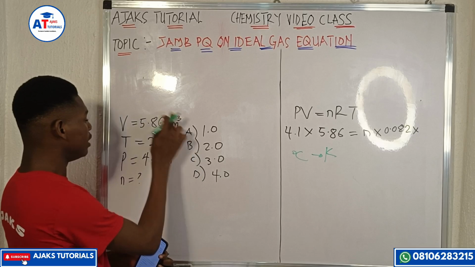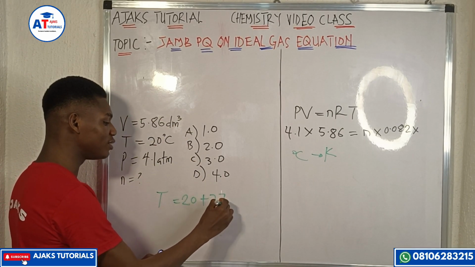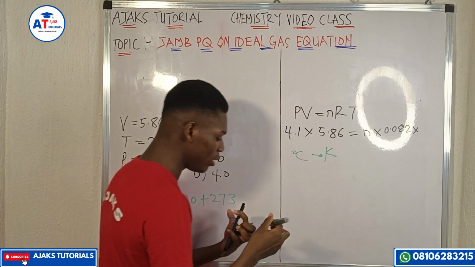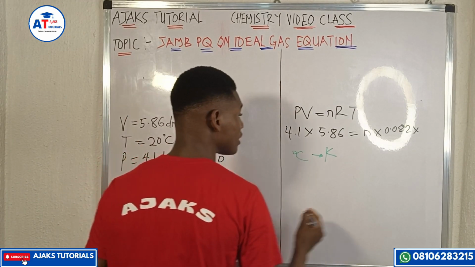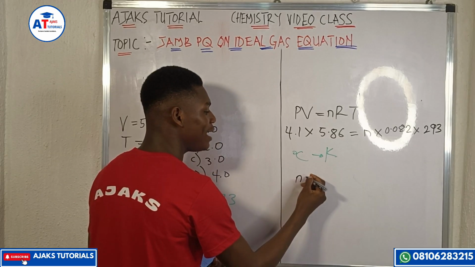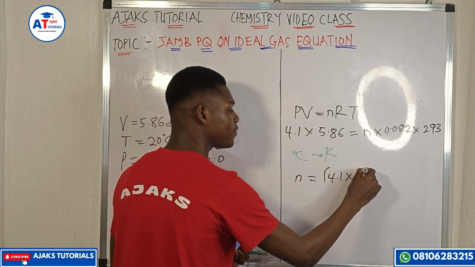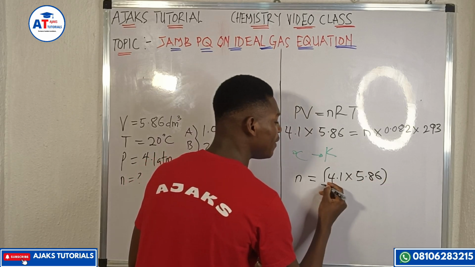So T equals 20 plus 273, that's 293. Please let's not forget 293. So let's continue. What's N? N is 4.1 times 5.86 divided by what, class?